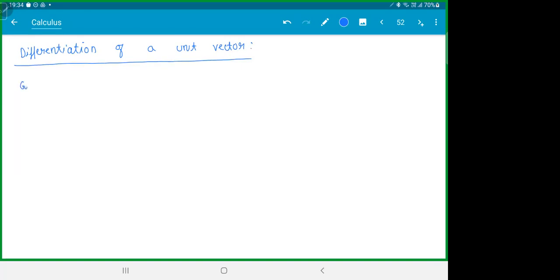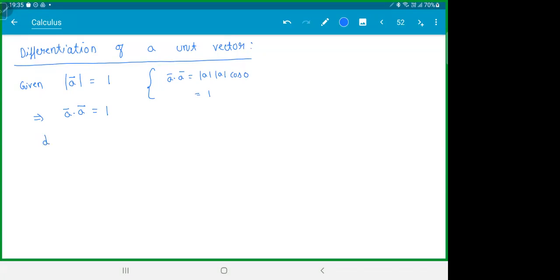So the first thing, given a unit vector, mod A bar is equal to 1. So this can be written as A bar dot A bar is also 1. Agreed? Because A bar dot A bar is mod A times mod A cos theta, theta is 0 because it is parallel. This is 1.